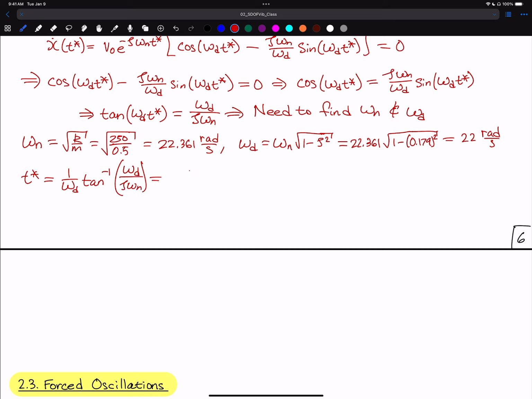This will be equal to 1 over 22 times the inverse tangent of 22 divided by 0.179 times 22.361. And if you go and you compute this, you will find that t star is equal to 0.0632 seconds.